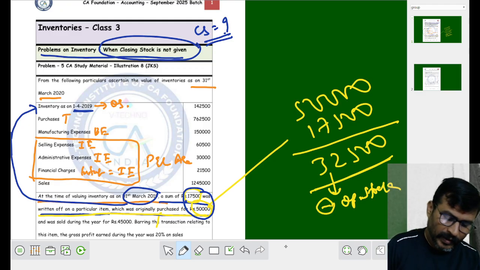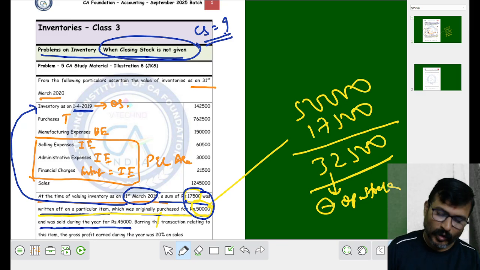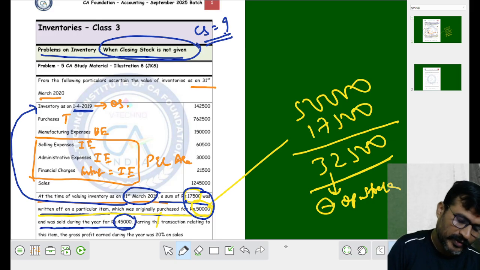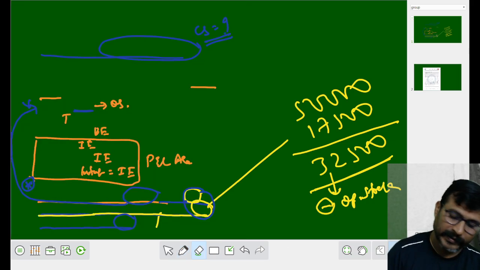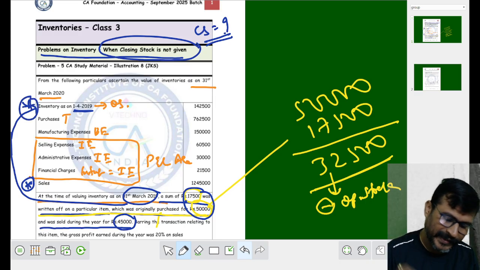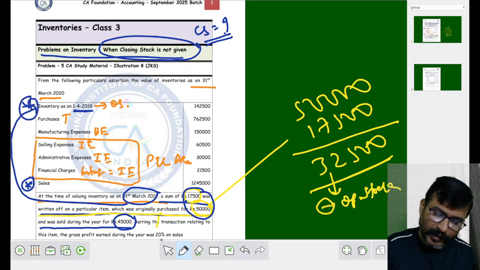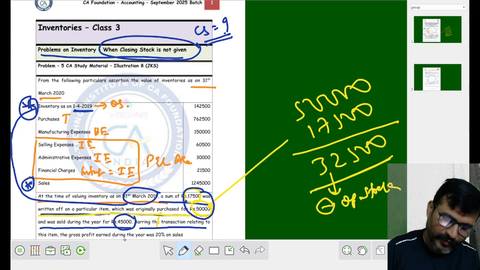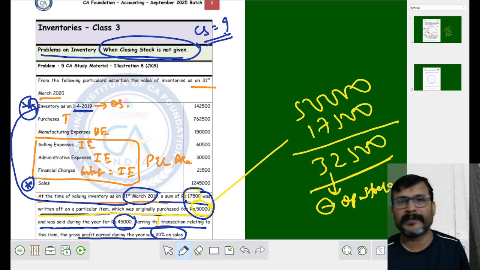Similarly, it was sold during the year for 45,000. Oh, it is being sold for 45,000. So sales star mark, opening stock star mark. During the transaction relating to this item, the gross profit earned during the year is 20% on sales.